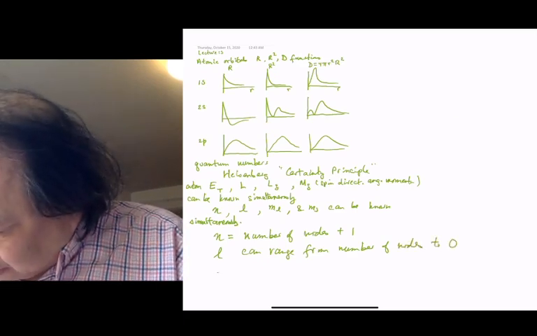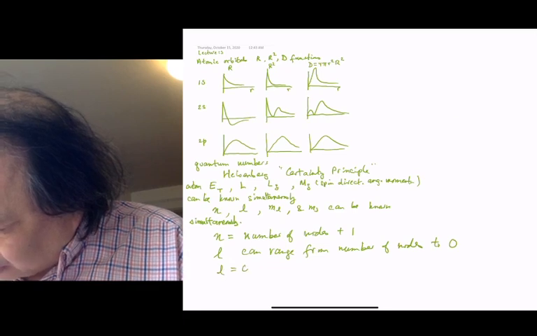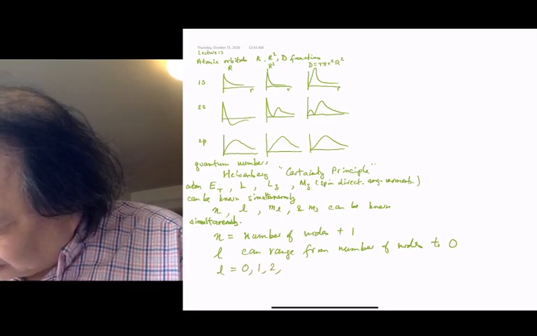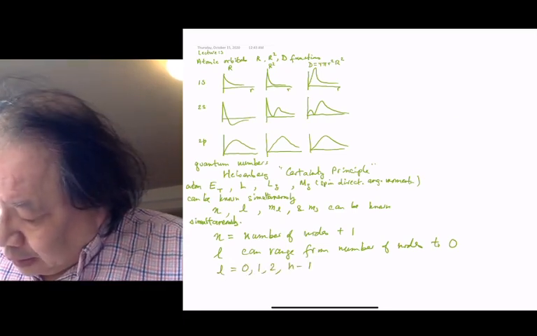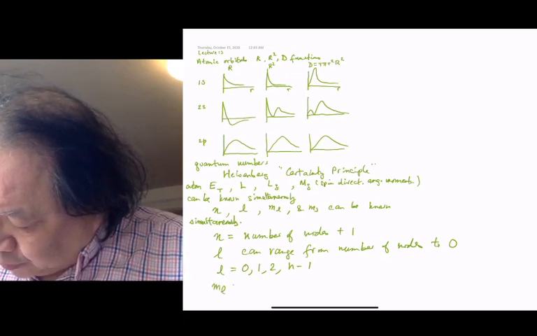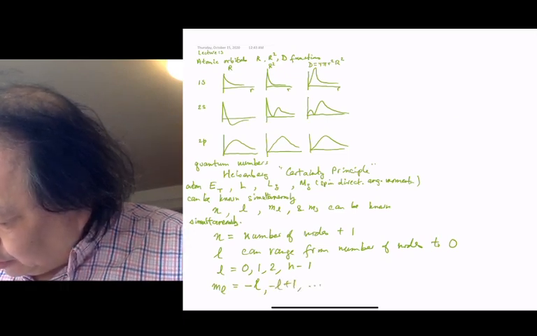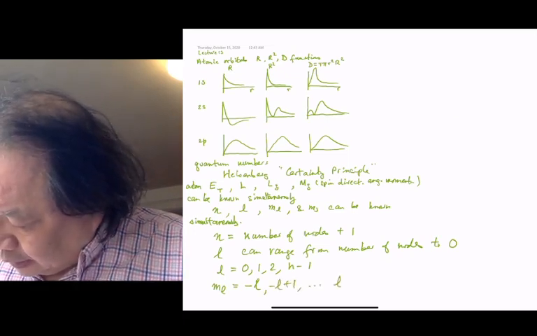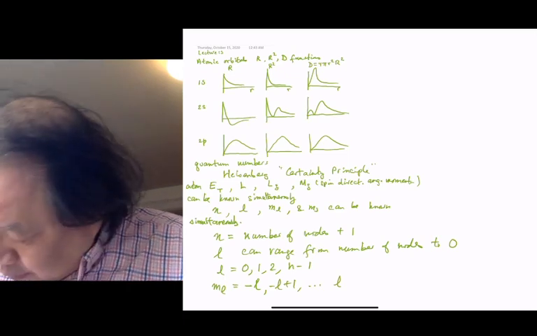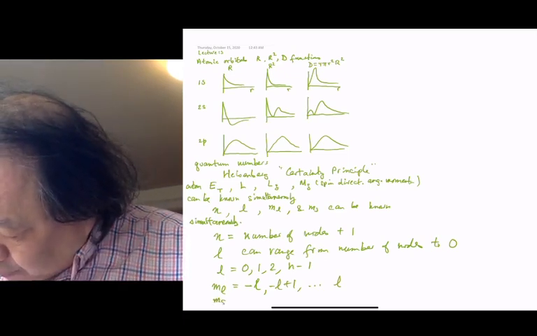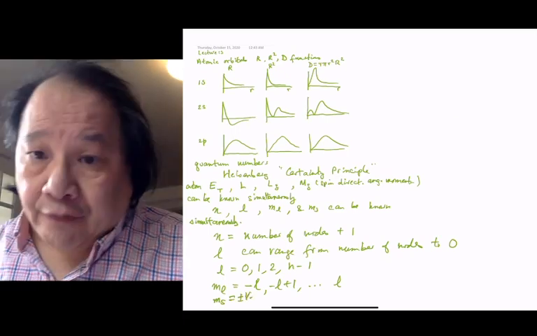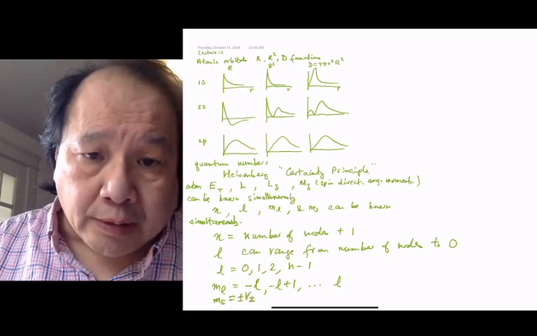So L can equal any number 0, 1, 2, up through n minus 1. ML can range from minus L to minus L plus 1 all the way to L, and MS equals plus or minus 1/2. And these are the facts from last time which we will need.